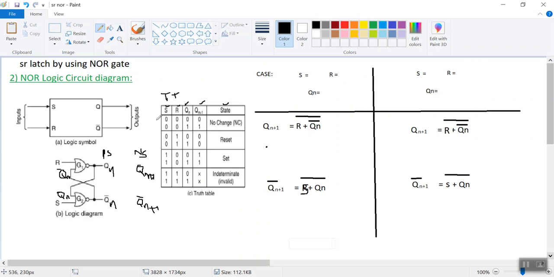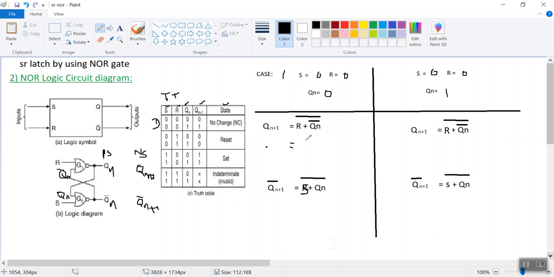Let us consider my first case: S is 0, R is 0, and Qn is equal to 0. The same applies for S equal to 0, R equal to 0, and Qn equal to 1. Just substitute into the expressions and you will get the results.